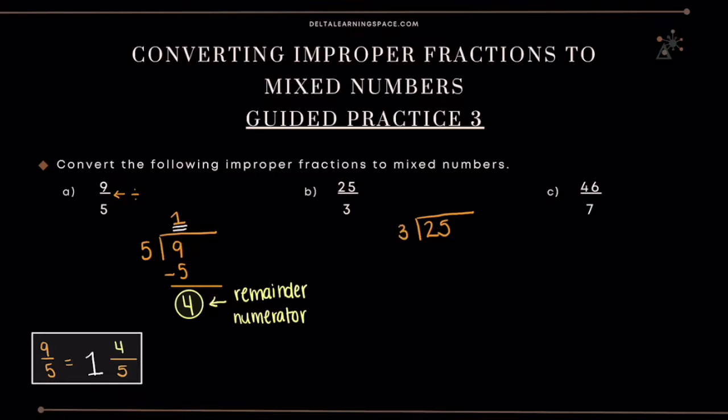Our denominator will go outside, and then I will perform long division. 3 cannot go into 2, but 3 can go into 25 8 times. 3 times 8 will be 24. 25 minus 24 will be 1, and that will be my remainder.